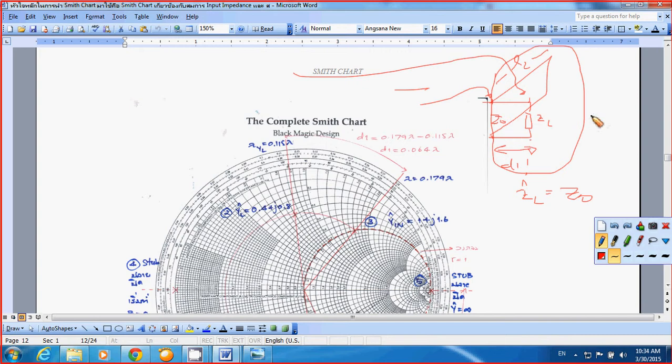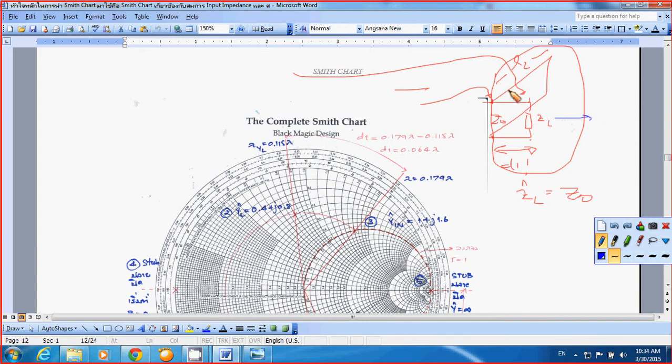There's still much more to explain about the whole system here, but just to make sure that you clearly understand what's going on when you want to match the transmission line. So let's say you want to match again.